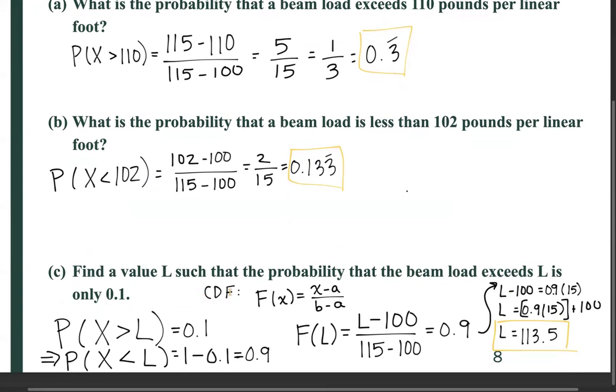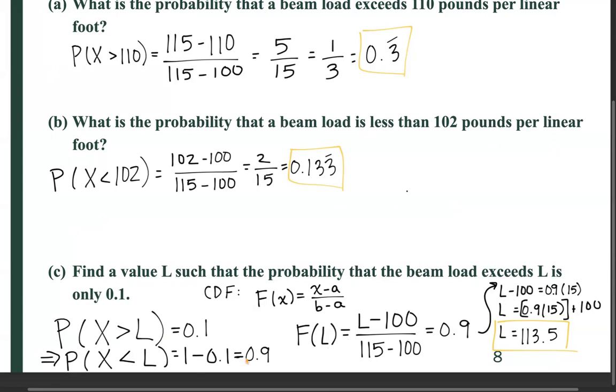The CDF of a uniform distribution is F of x equals x minus a over b minus a. Here we're asked, what is the probability that x is greater than L? That equals 0.1, and we want to know what this L is. Because distributions work from left to right, this equals the probability that x is less than L, which equals 1 minus this value here, which is 0.9.